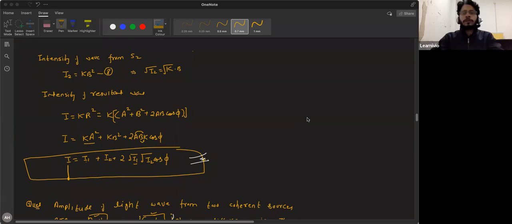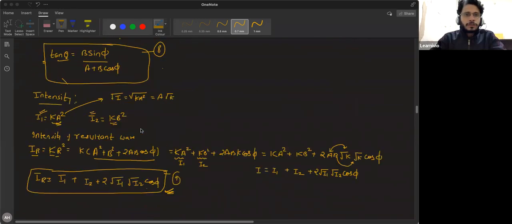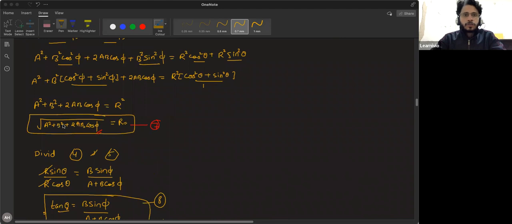Okay. In this formula, R squared is a squared plus b squared plus 2ab cos phi. Hishma, what are a, b, and phi in this expression? A and B are amplitudes. Amplitude of which wave?